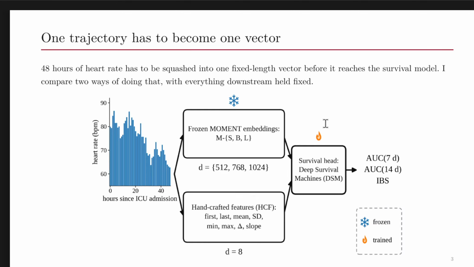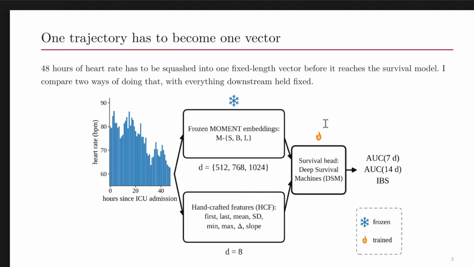So a trajectory needs to become a representation, which is a vector. The question is, how do we choose this vector? And this is what we're studying here. We're trying to see if the embedding produced by a time series foundation model can act as a representation for this covariate trajectory.